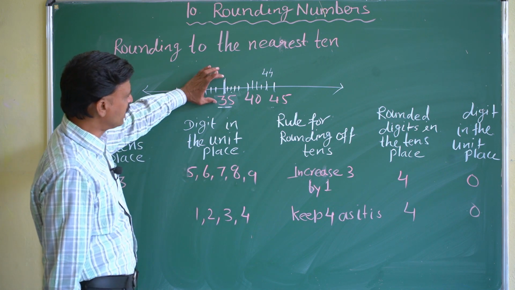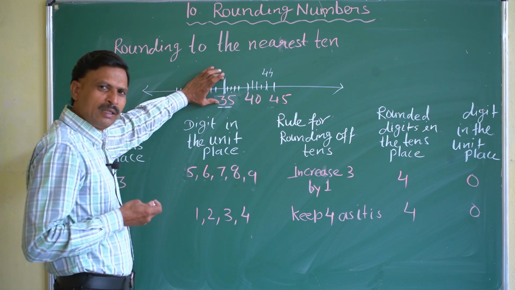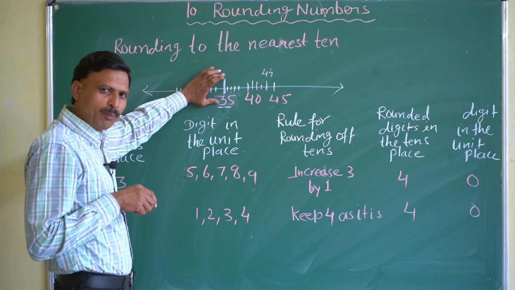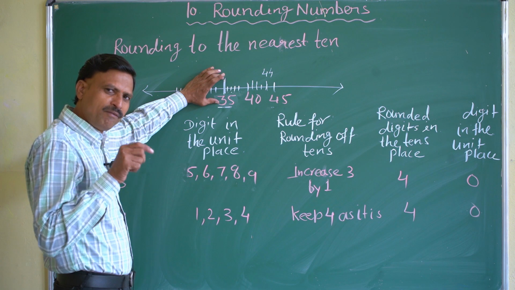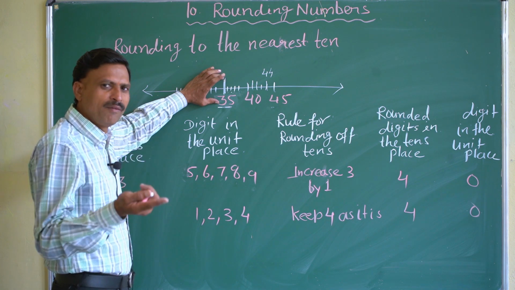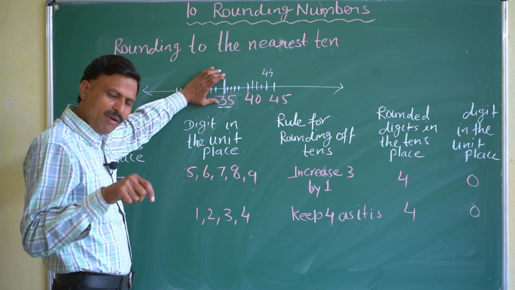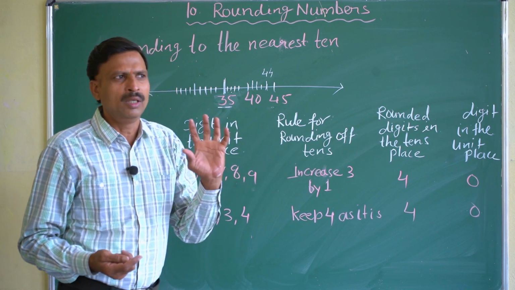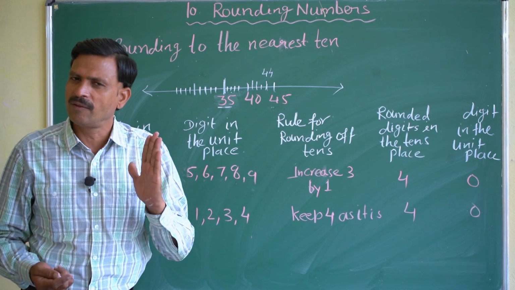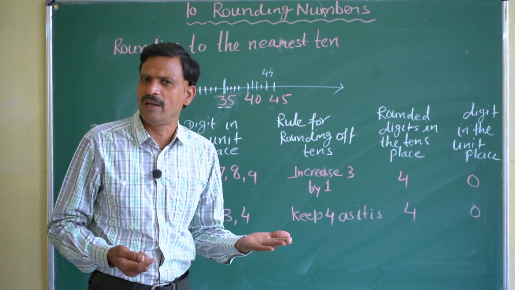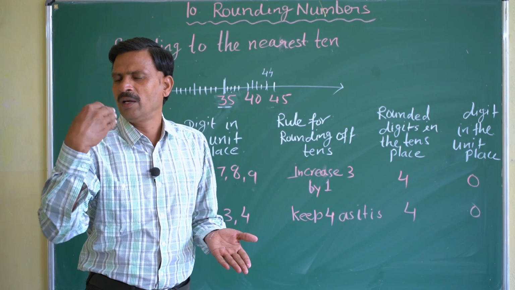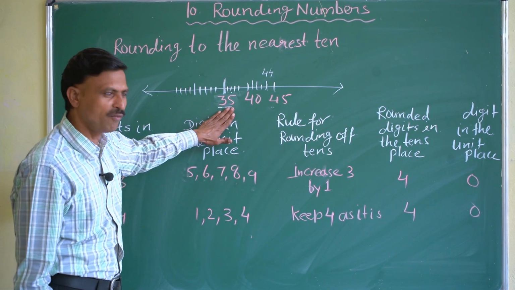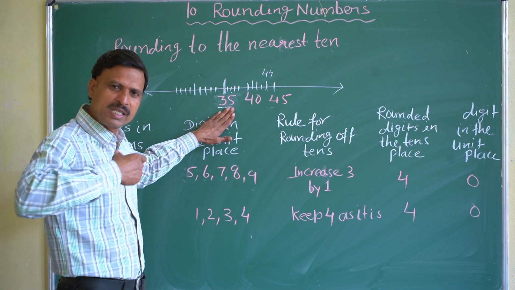So if we get any value like 35, 36, we'll see the digit in the unit place. If the unit place digit is 5 or more than 5, and we round off, it becomes the coming number. Coming number means like 35, and we are rounding off to the nearest 10.